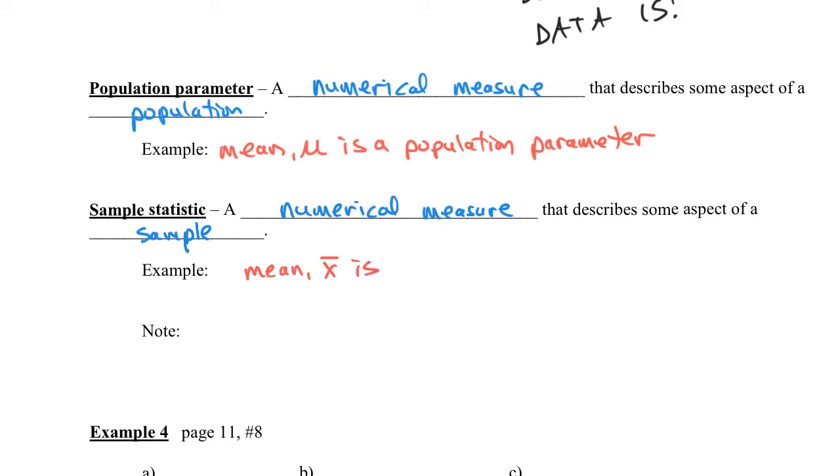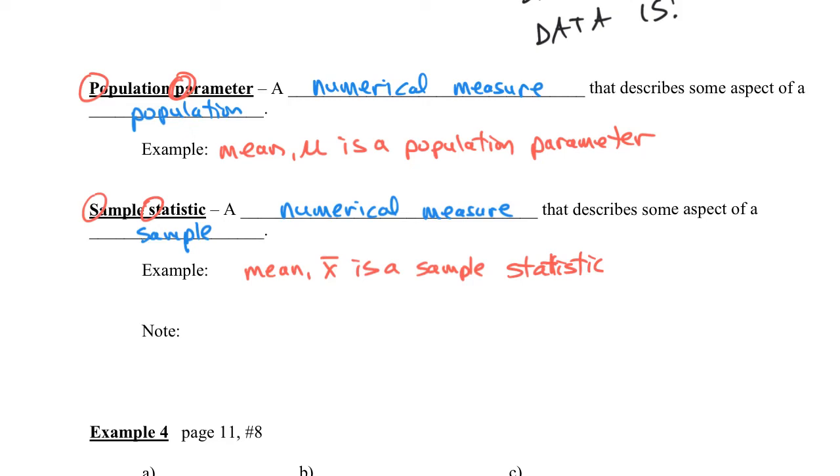X bar is a sample statistic. Okay, so when you see this symbol, again, it means it's a mean, but more specifically, it's a mean of a sample.